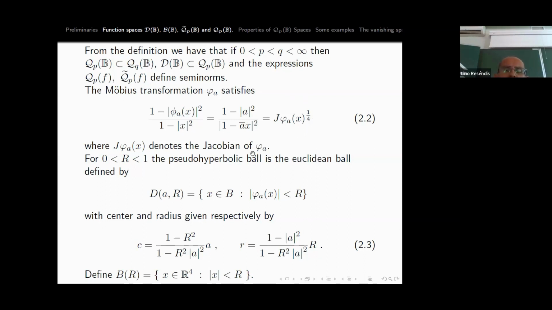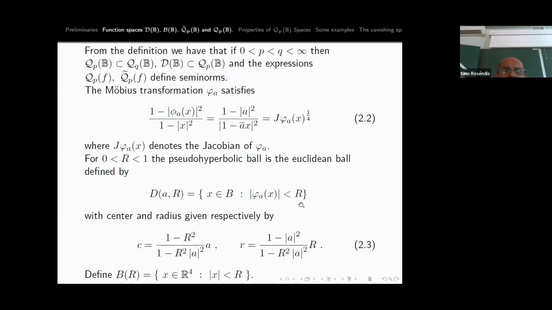Also, because we need this kind of set, we define this pseudo-hyperbolic ball that we denote with D(a,r), and this is the set of points in the unit ball such that the modulus of phi sub x, the Möbius transformation, is less than r.